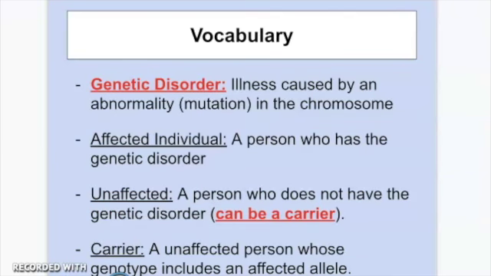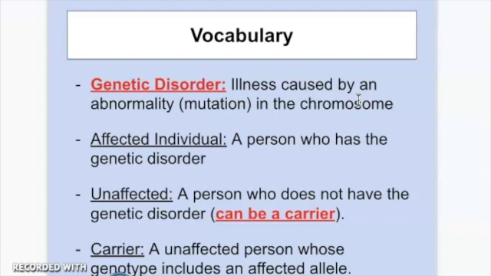So before we dive deeper, we have to quickly go over some vocabulary. First one being genetic disorder. A genetic disorder is an illness caused by an abnormality, so a mutation, in the chromosome.